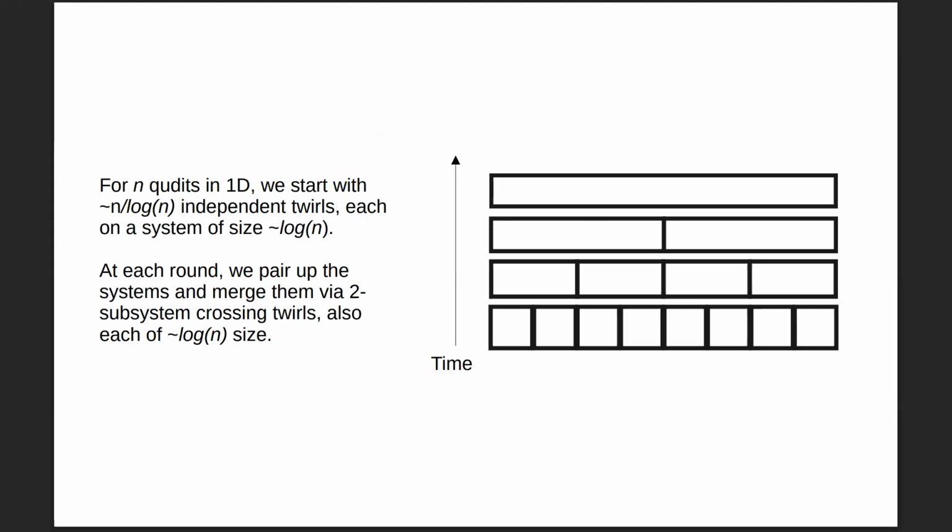We would merge neighboring chunks, and then merge those chunks, and each time we're halving the number of chunks. That looks like it would introduce a logarithmic depth factor, but it turns out that you can do these more in parallel, so you don't actually increase the depth doing this.